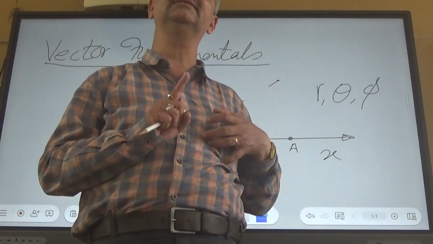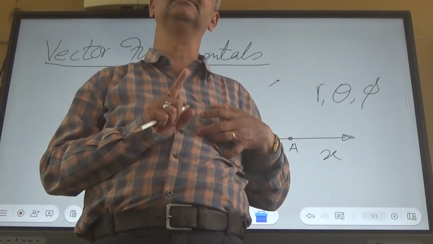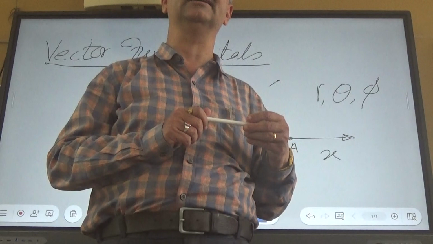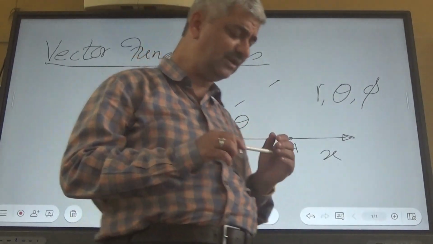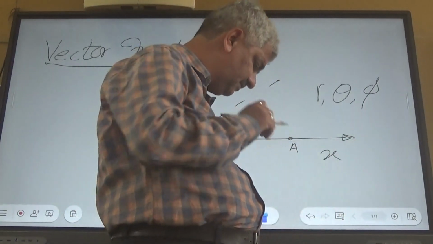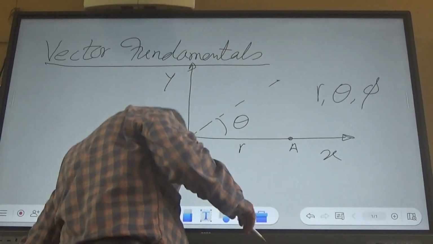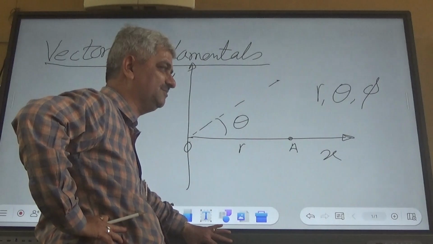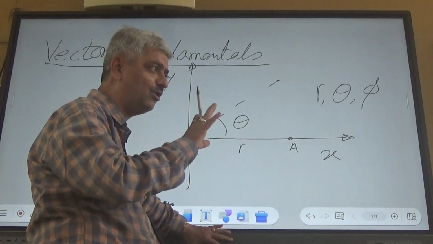Cartesian coordinates, then spherical and cylindrical. Now tell me which coordinates these are. I am not specifying much.